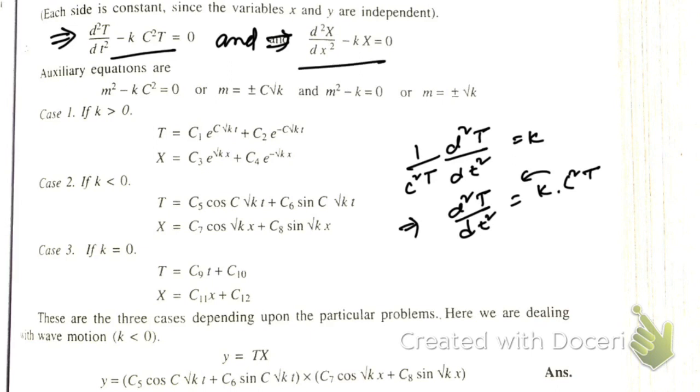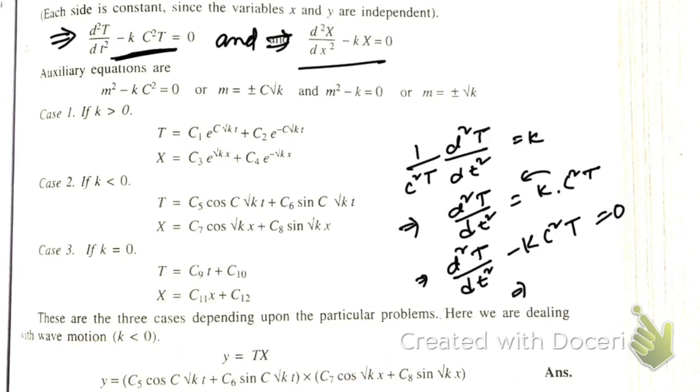Now the auxiliary equation. From the first equation, we have the second order derivative of capital T minus k c square capital T is equal to 0.